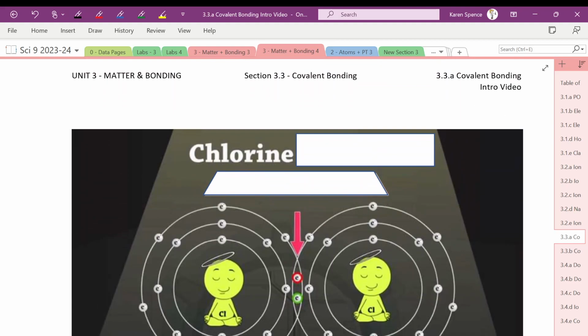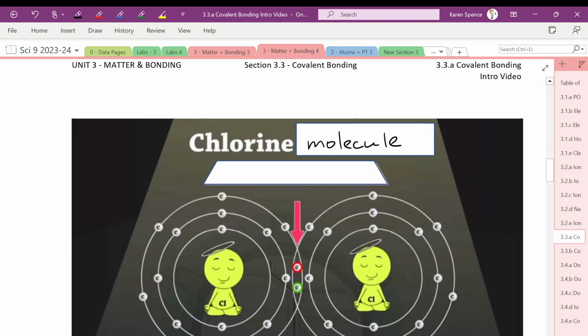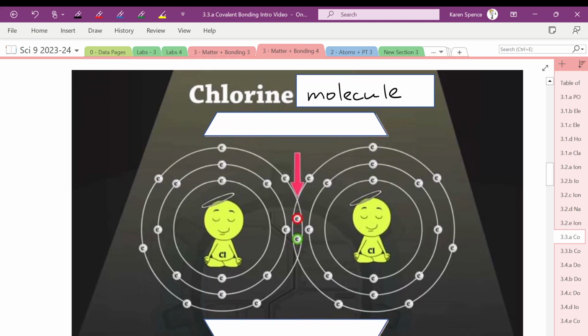Okay, so we have here a chlorine. It's 2 atoms bonded together, so it is a chlorine molecule. And we have 1 pair of shared electrons.